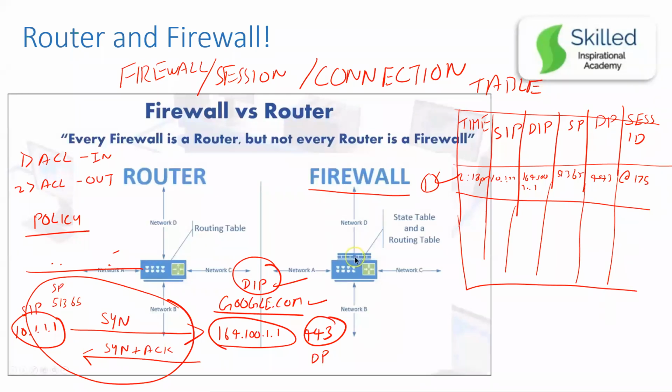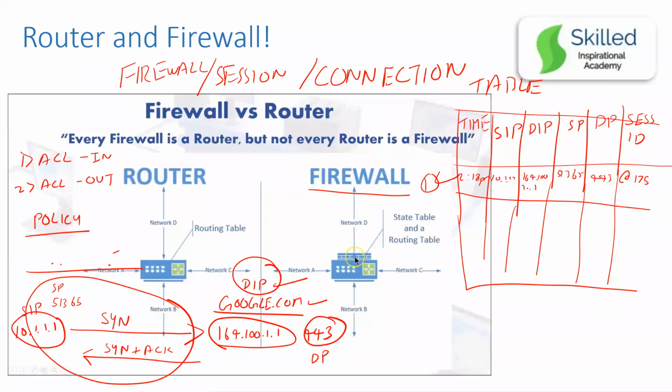The port is 443, and the other port is also 51365, which matches the entry in the session table. So looks like this is reply traffic. I'm going to allow this traffic on the same policy. I do not have to create another policy. I'm going to use the same policy and allow that.